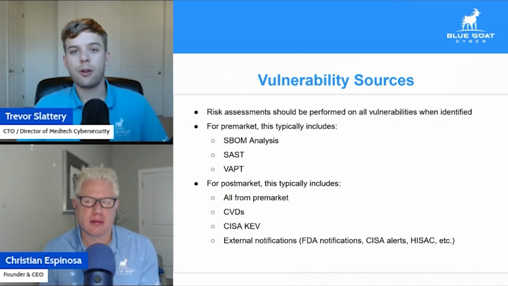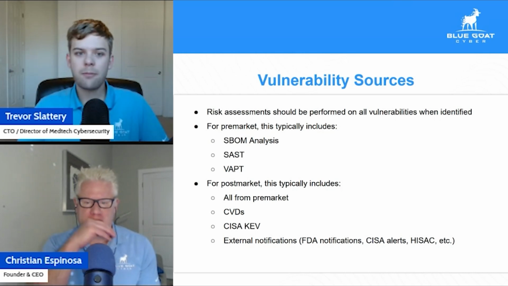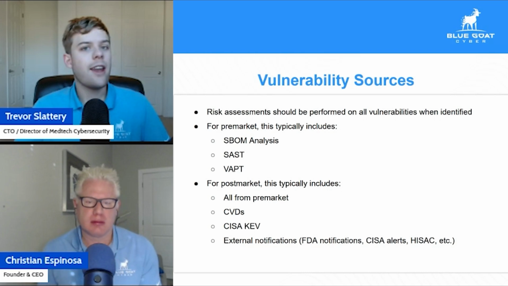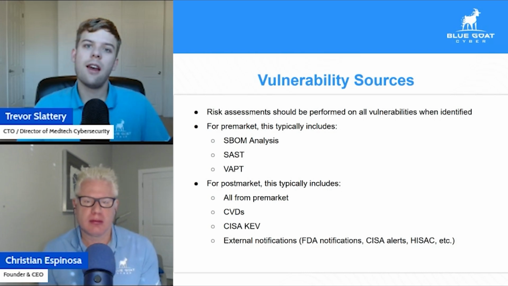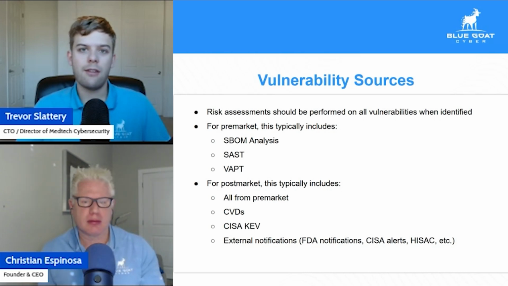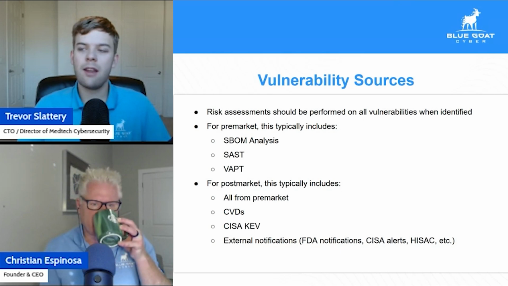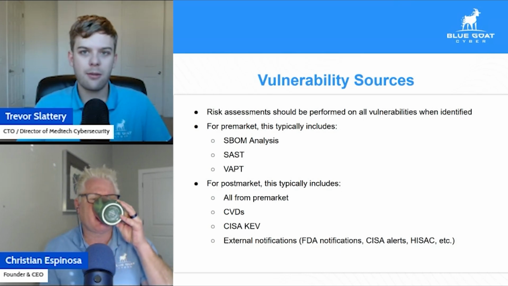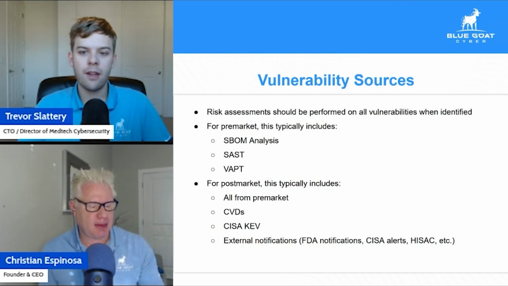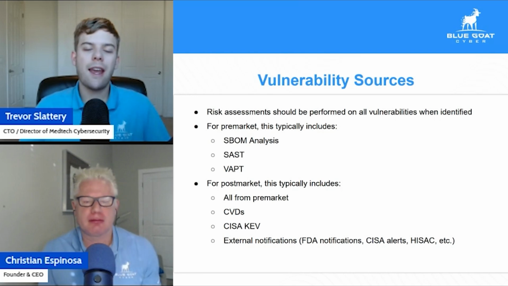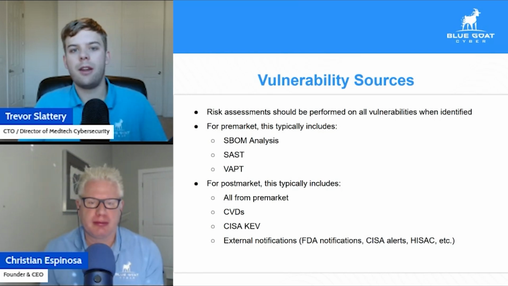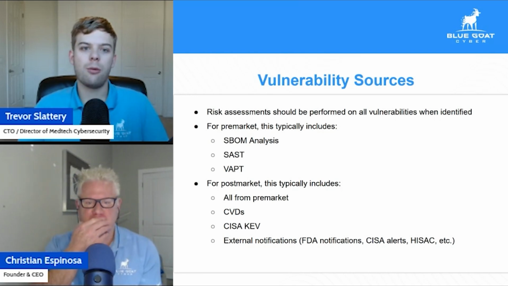This can be a vulnerability assessment and penetration test, static testing, dynamic testing, fuzz testing, analysis of the SBOM to look for any vulnerabilities in the supply chain. This, of course, is not an exhaustive list. There could be security requirement testing, but these are the main areas that you're going to find vulnerabilities in the pre-market phase. So when you have a device, but it hasn't been fielded.